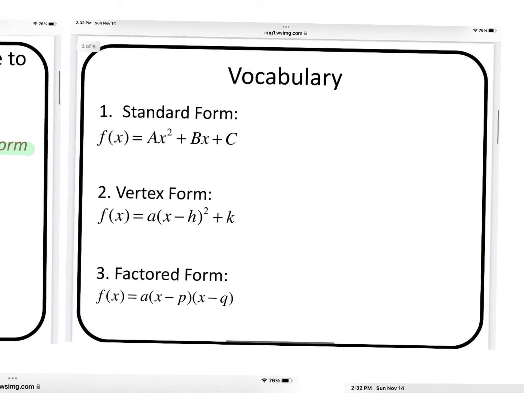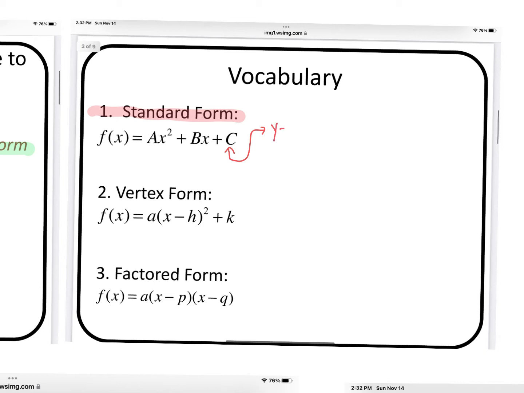Okay, and so let's see all the different ones that we've learned so far. In the past, we've done standard form, okay? And there were 5 steps for the standard form. But one of the easiest things that we looked at for this standard form is that we were able to find the Y-intercept very easily, because when we plugged in 0, it was just going to be that C value.